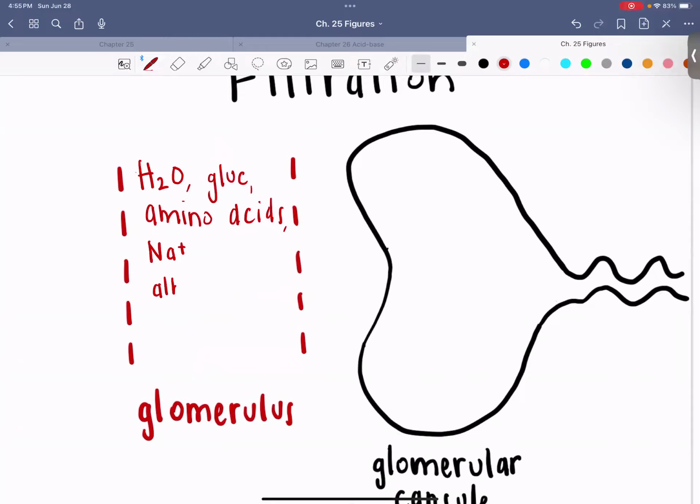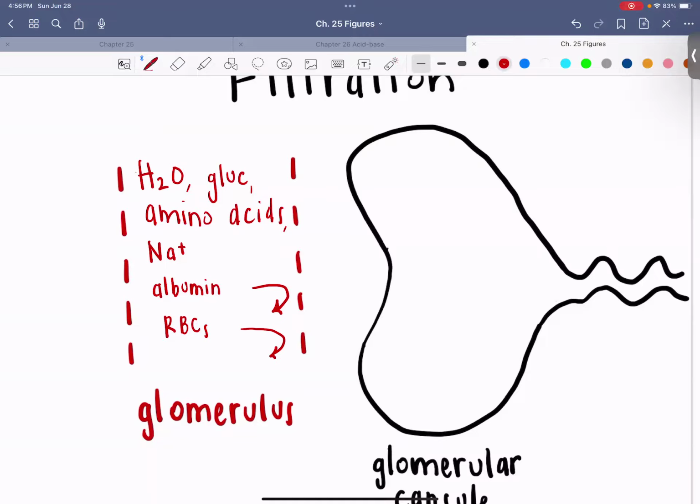We also have albumin. Remember, this is a plasma protein that maintains osmotic pressure. It helps to keep the water in the blood. And there are cells. The albumin and the red blood cells are too large to be filtered out. They won't fit through these pores in the capillaries.